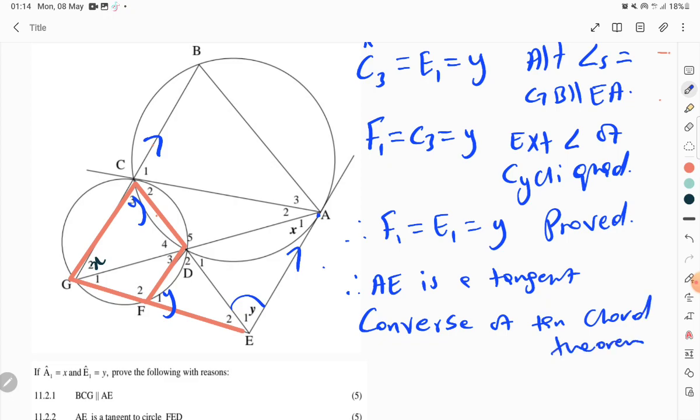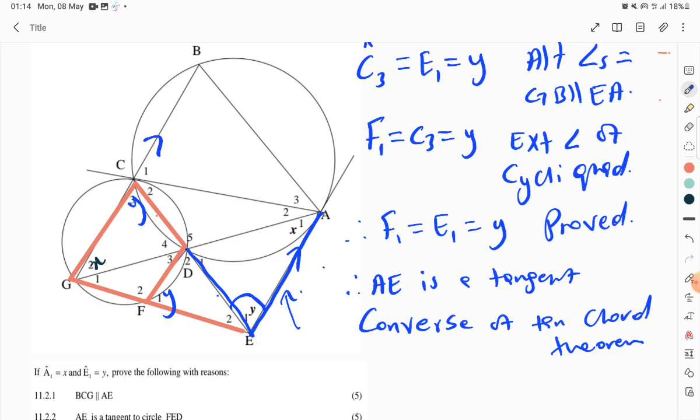So we managed to prove that F1 is equal to the angle subtended by this line and the chord, which means this line is a tangent. Should the angle between it and the chord equal the angle subtended by that chord at the circumference of this imaginary circle, then that makes this line a tangent.